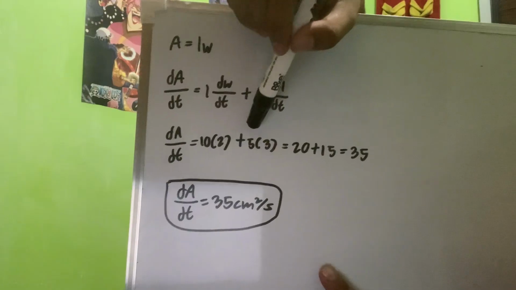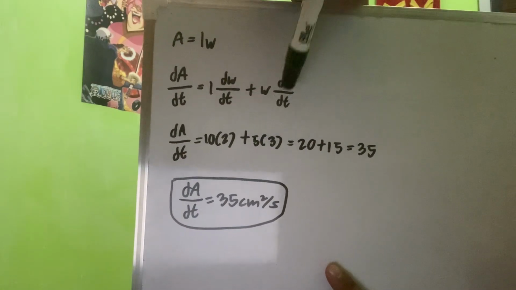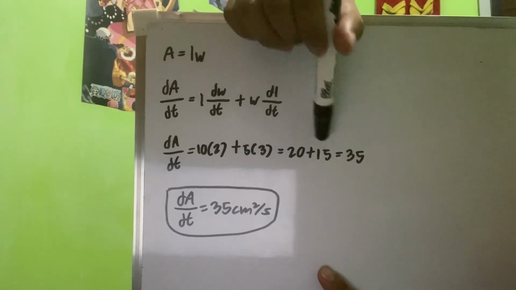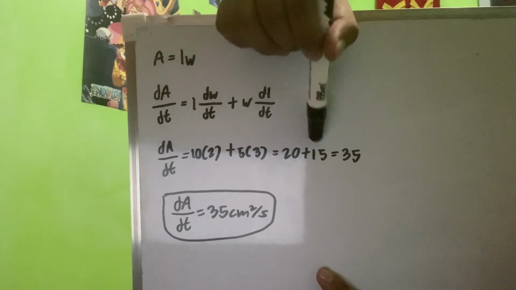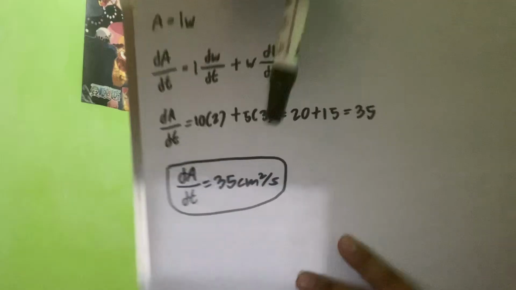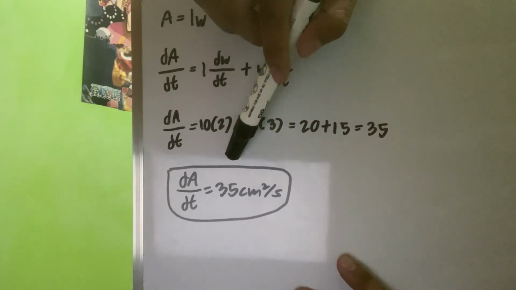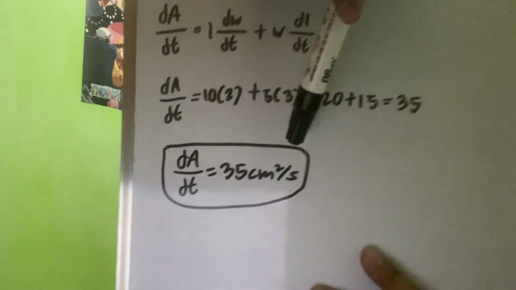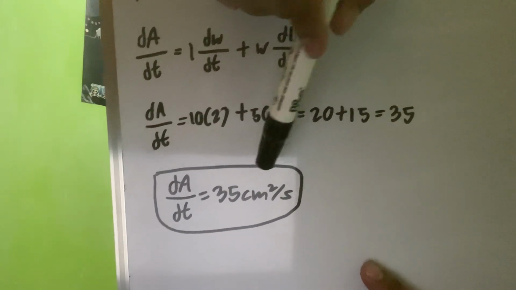Plus W is 5, dL over dt is 3, so 5 times 3 equals 15. So 20 plus 15 equals 35. So dA over dt equals 35 centimeters squared per second. So this is the answer of problem 20.